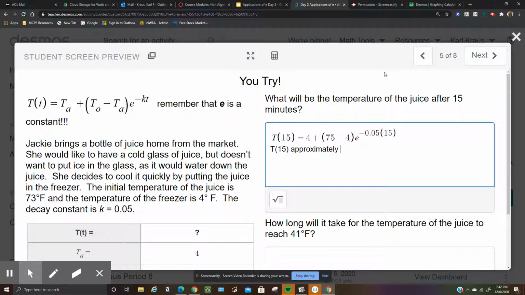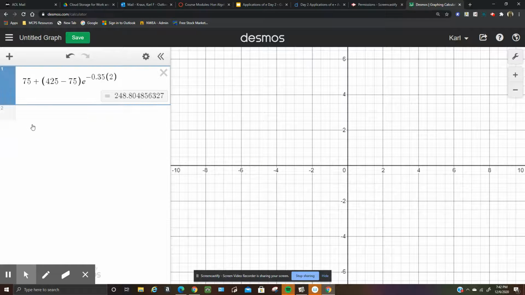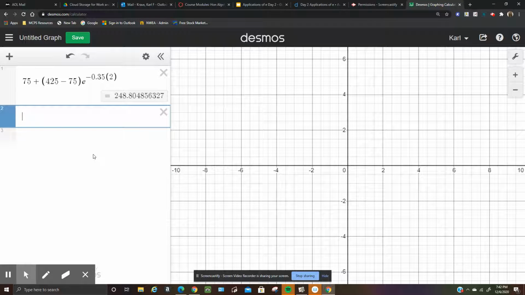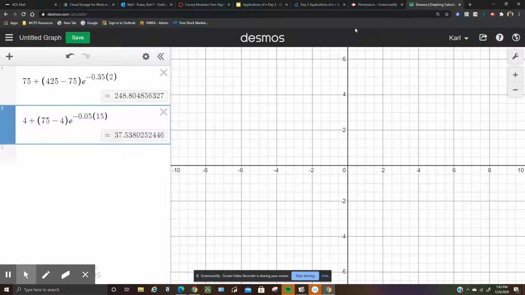Put this on the calculator now. So 4 plus 73 minus 4, e exponent negative 0.05 times 15 is 37.54.